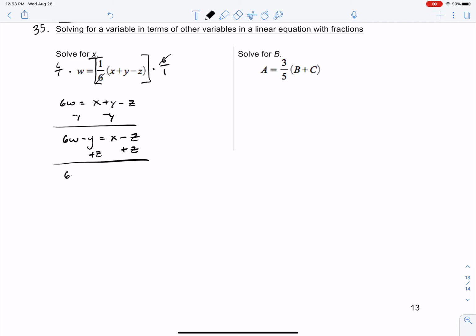I get 6w minus y plus z equals x. And there we go. I have solved for x, and we are done with that problem. Try the right-hand side on your own. And this will conclude Algebra 2, Lesson 1-1.